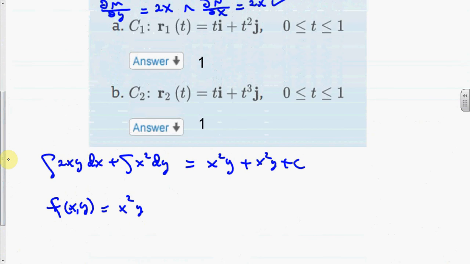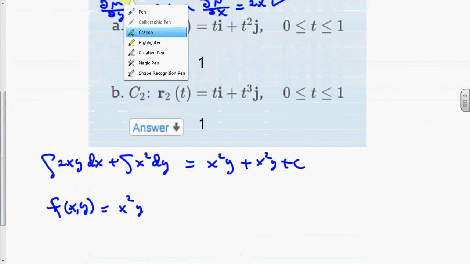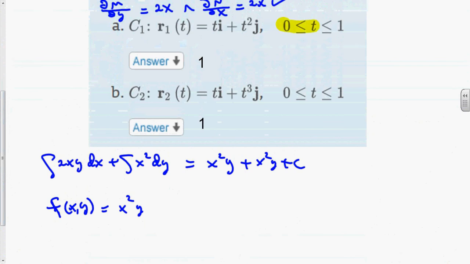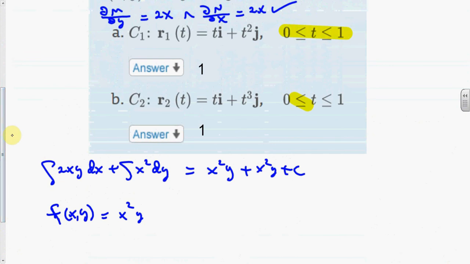You see here, they are evaluating different paths that are given, but we're traveling through the same two fixed points, right? So for the first one, notice that x is equal to t, then y is equal to t squared. And for that second path, x is equal to t and y is equal to t cubed.